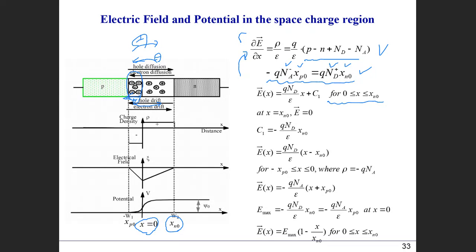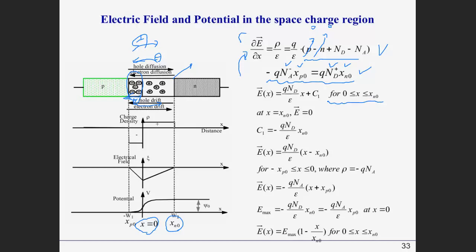If you look at the first equation here, in the n side the hole concentration is close to 0, and within the depletion region your electron is all recombined, so this is going to be 0. In the n side your Na is going to be 0 too.